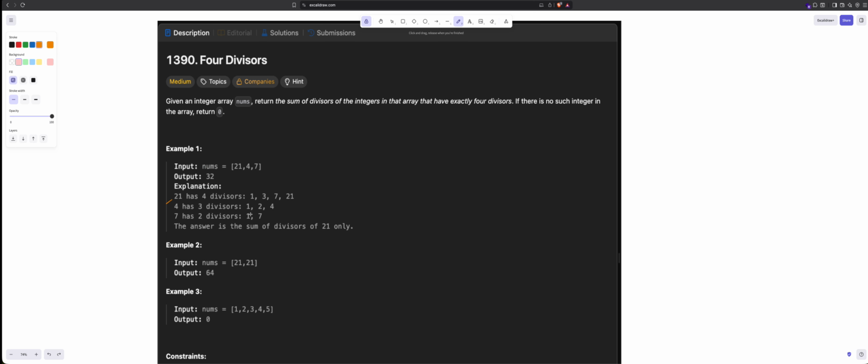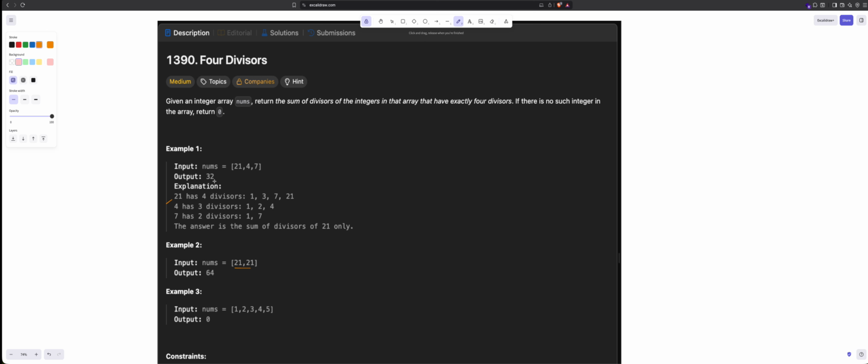Moving forward, in example 2 we have the number 21 twice. According to the previous example, the 4 divisors are 1, 3, 7, 21, with a sum of 32.